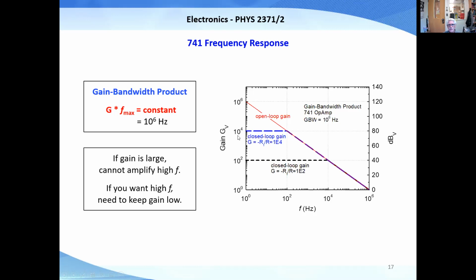So you couldn't use a 741 for high gains. Okay, so if you're amplifying a very low frequency signal, you could have a high gain. So what you're going to do in your experiment is you're going to measure gain as a function of frequency and see where this drops off.